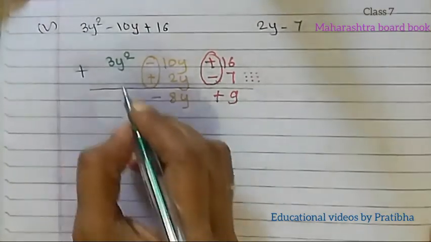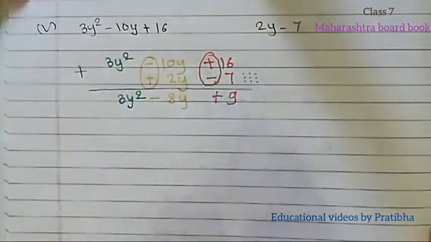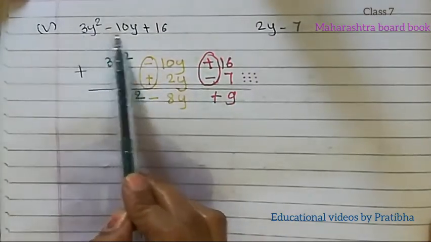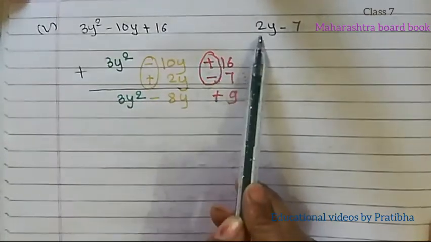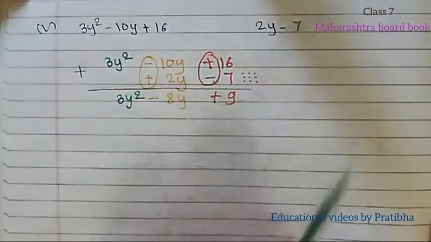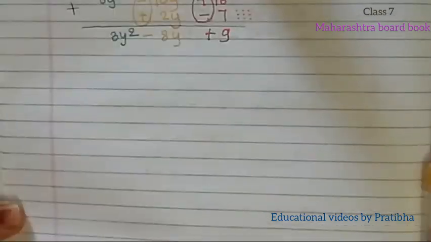Now beneath 3y square nothing is there, so 3y square we will write as it is. So this is our answer. 3y square minus 10y plus 16 plus 2y minus 7 is equal to 3y square minus 8y plus 9. So this is our answer.